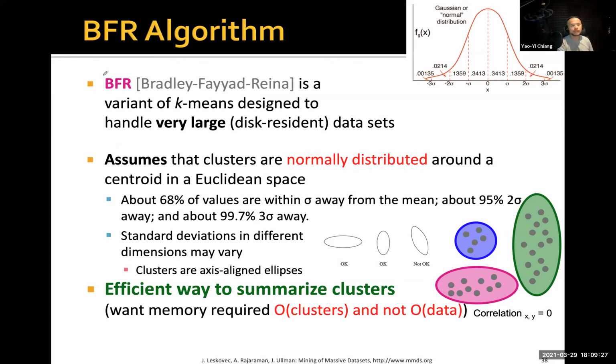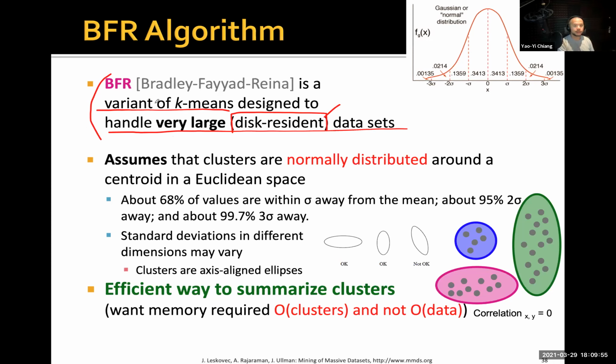Okay. So the BFR algorithm is a variant of the k-means algorithm. And the goal of the BFR algorithm is to handle very large data sets. So here it says disk resident data set. This typically you have gigabytes of data or terabytes of data that you cannot read the entire data set into your main memory.